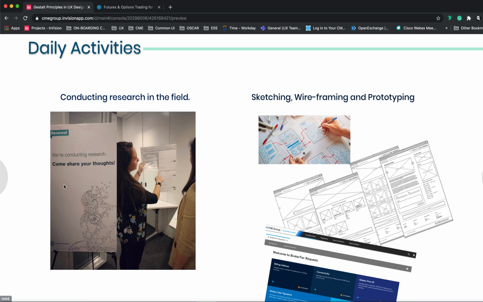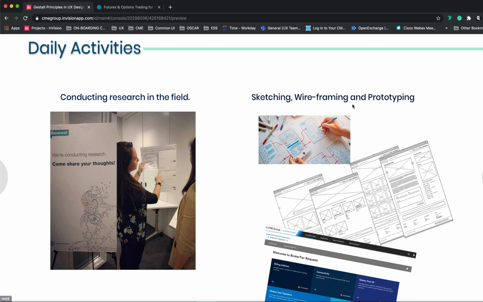There are multiple different ways we do this in field research. We either observe our users interacting with products, or we show them paper prototypes, as this example is displaying here. But nowadays we conduct research remotely, so we have them interact with our products by sharing our website.